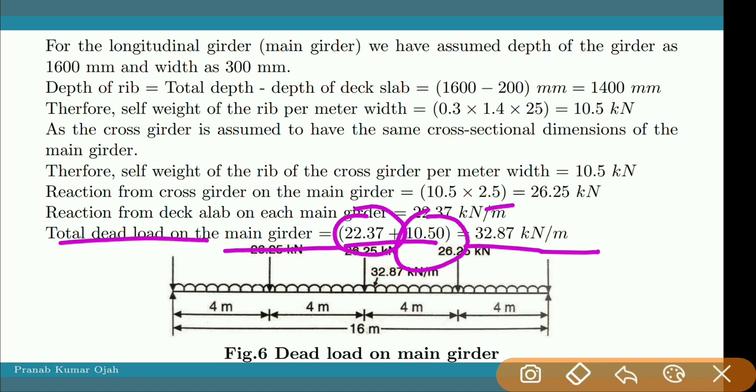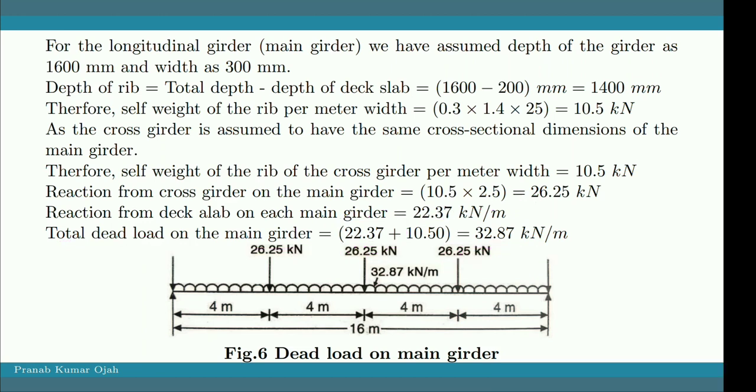So 32.87 kilonewton per meter is the UDL acting on the main girder. And the weight of the cross girder will act as a point load at every joint of the main girder. So this is the dead load on the main girder.